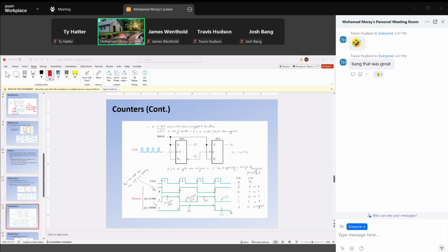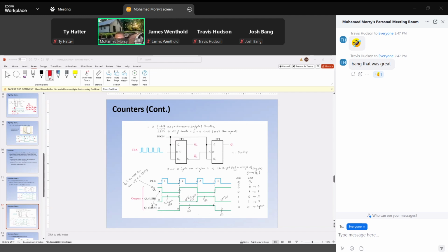Then, at the next edge, it will toggle. So we got the two outputs, Q0 and Q1. Q0 represents the LSB, the least significant bit. Q1 represents the most significant bit.